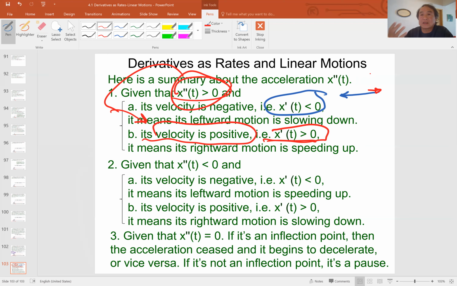In some sense, this is deceleration. So again, the second derivative being positive does not mean speeding up. It depends on the direction of the first derivative. So take that into consideration.